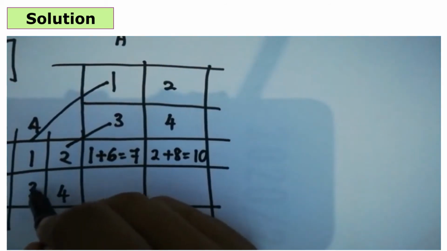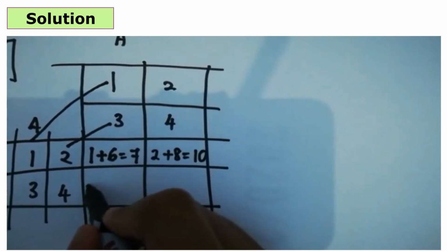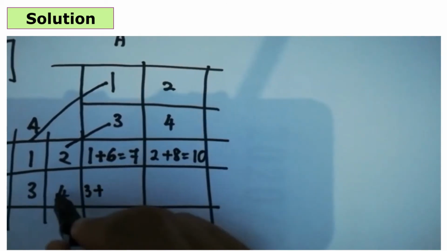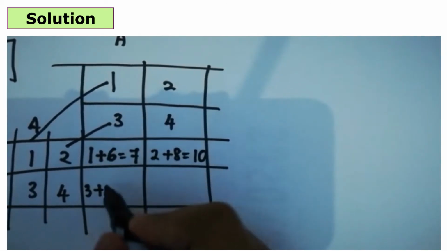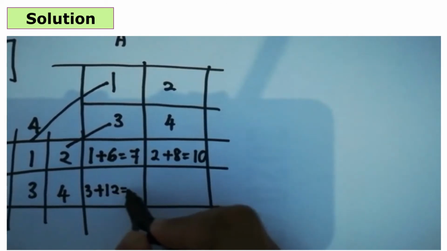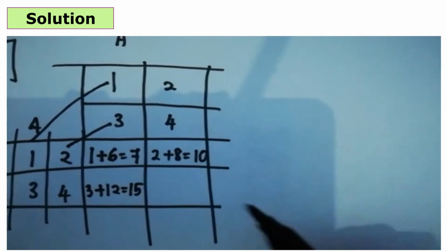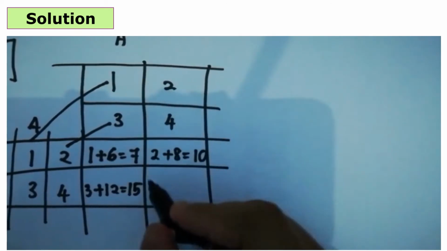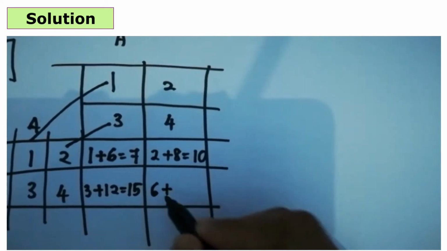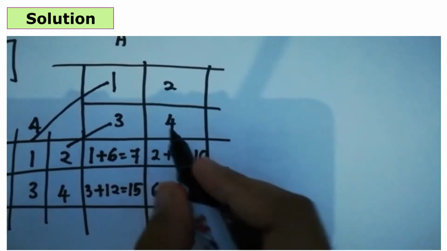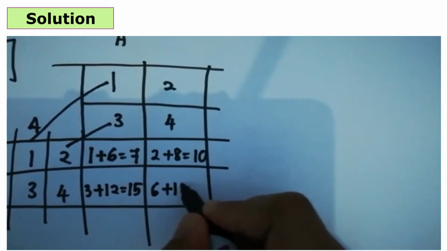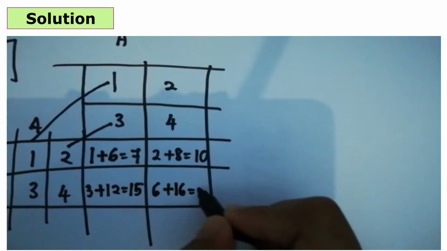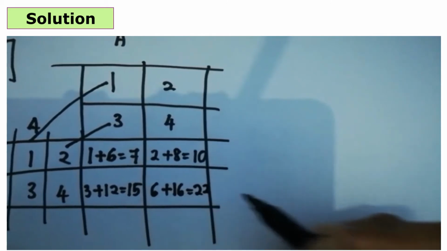Then 3 times 1, 3, plus 4 times 3 is 12, and we got 15. And then 3 times 2, 6, plus 4 times 4 is 16. So 16 plus 6 equal to 22.